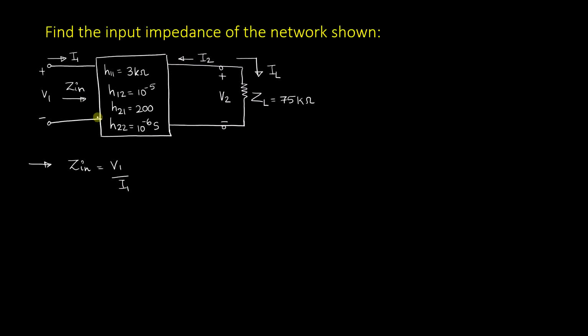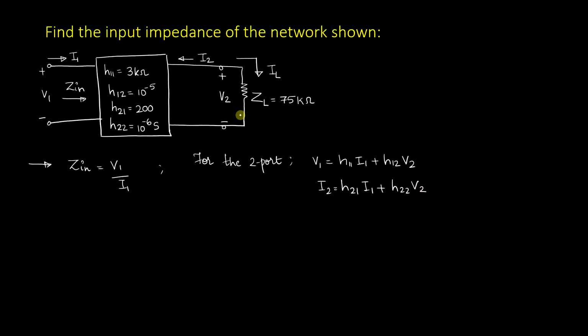So if you observe this two-port network, in terms of the hybrid parameters, if you write the equations for this particular two-port network in the standard form, we have V1 equal to H11 I1 plus H12 V2, and I2 equal to H21 I1 plus H22 V2.